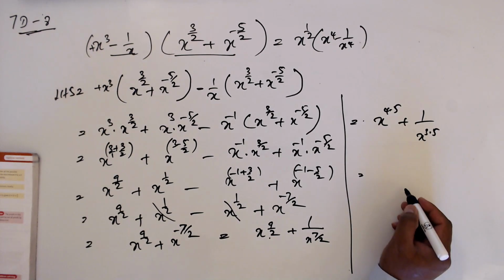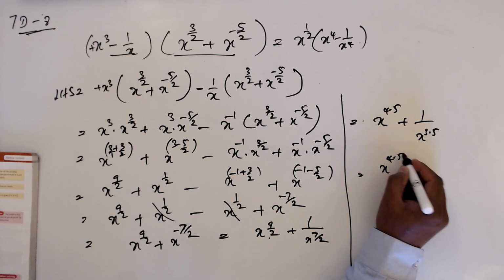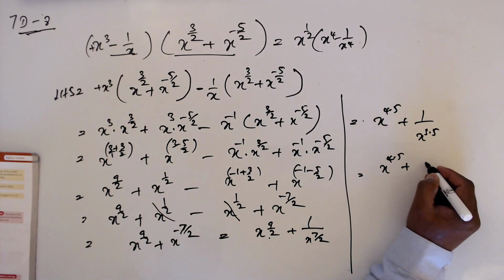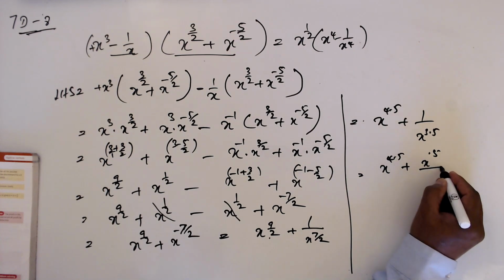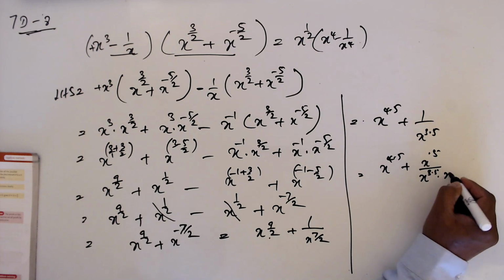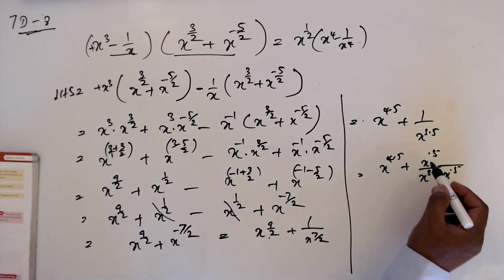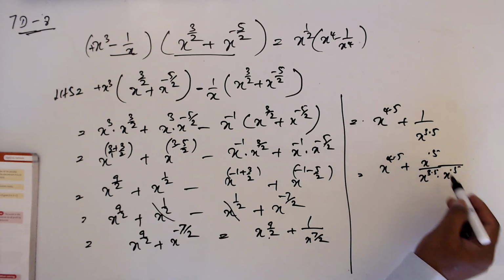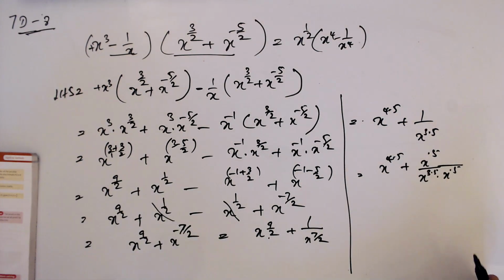So then I'll make x^0.5 times x^4.5 plus x^0.5 times x^3.5, and divide by x^0.5, because I introduced x^0.5 to the top, so it has to be cancelled out. So this one cancels out.